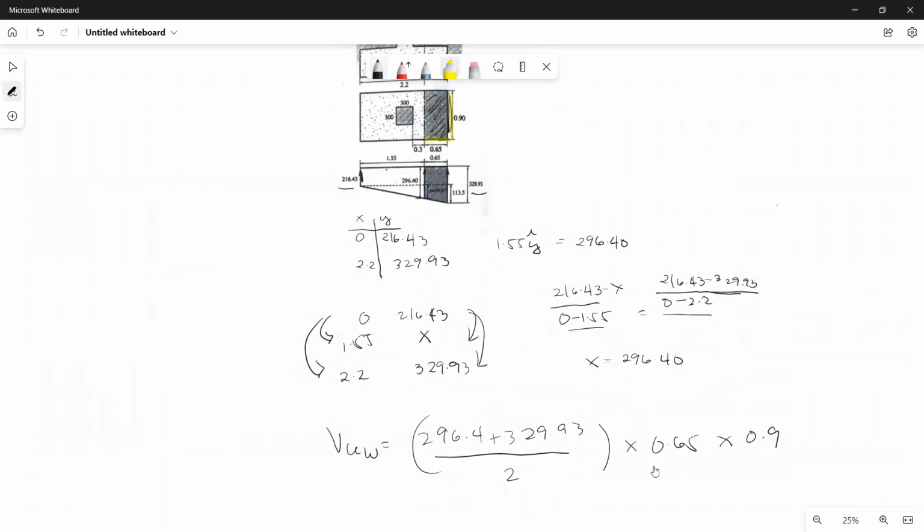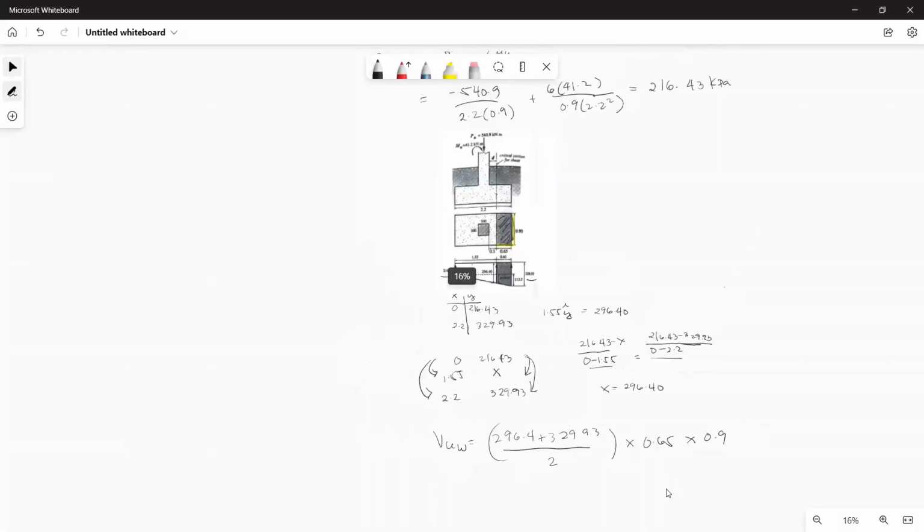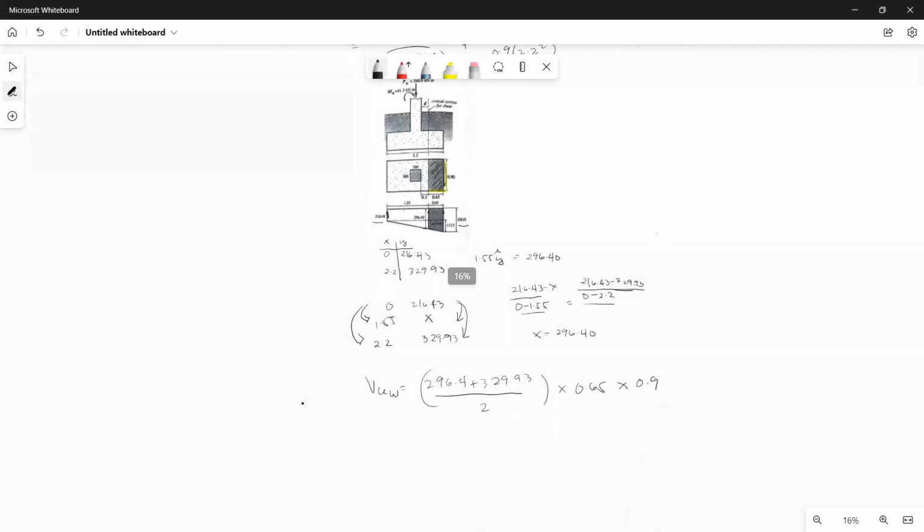Okay. Therefore, your VU sub W is equivalent to 183.20 kilonewton. And therefore, your tau sub W is basically your VU W over phi B times D, which is equals to 183.20 times 10 raised to 3 over phi B D. Your phi is 0.85, hindi ko siya nasabi.